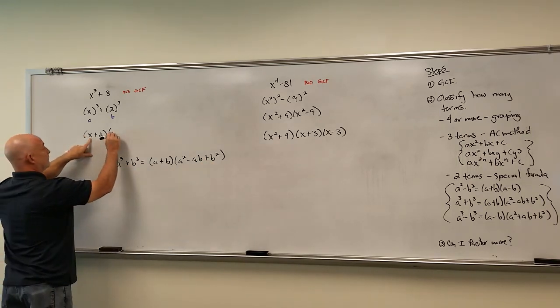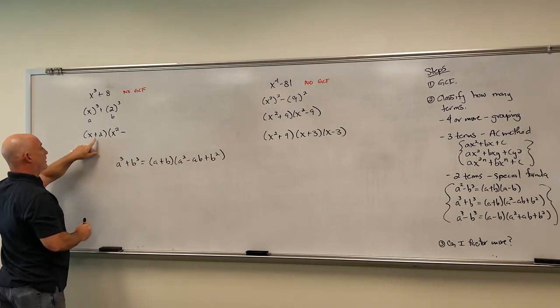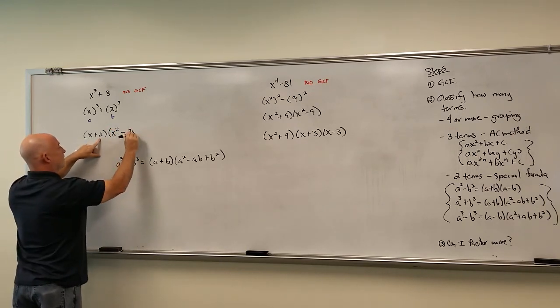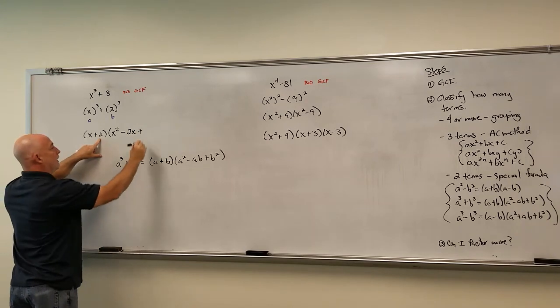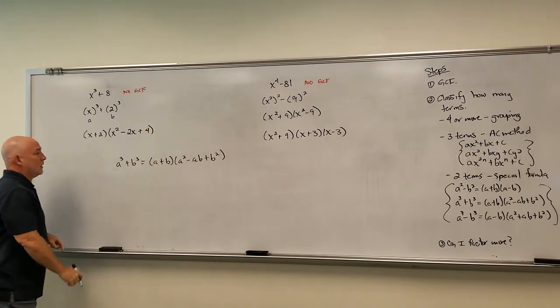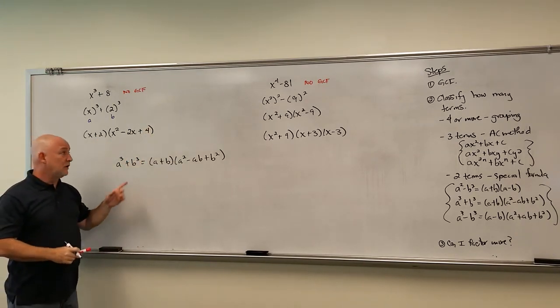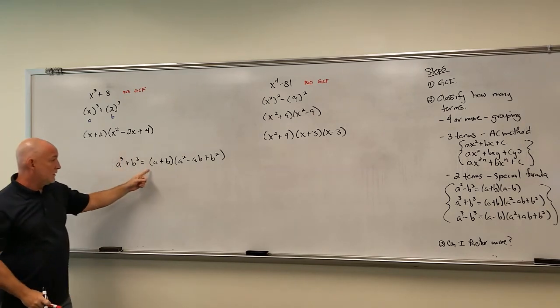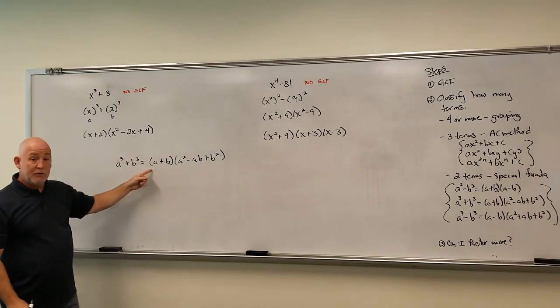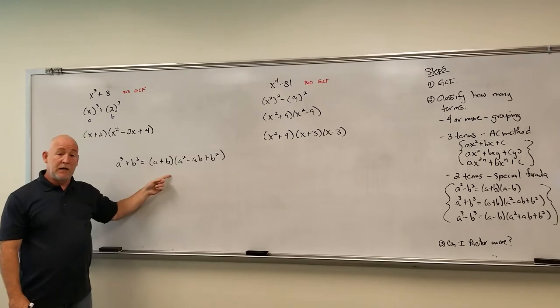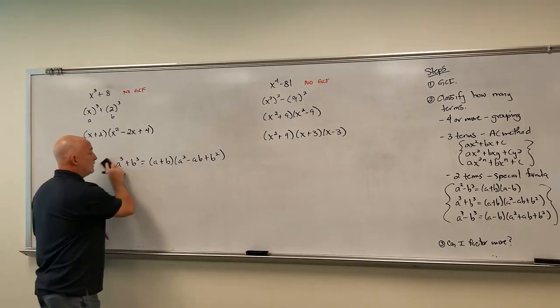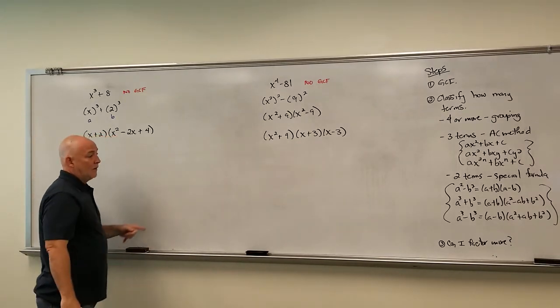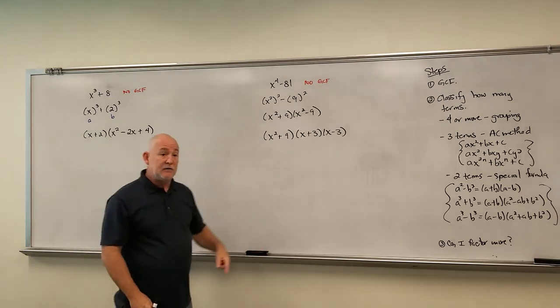Square the first, change the sign, multiply these 2 things together, plus square that last. All right, now, if you didn't quite follow how I did that, just remember, all I did is I went into this side, and everywhere there was an A, I put an X, and everywhere there was a B, I put a 2. All right, now remember, we have to finish this off by saying, can I factor anymore?